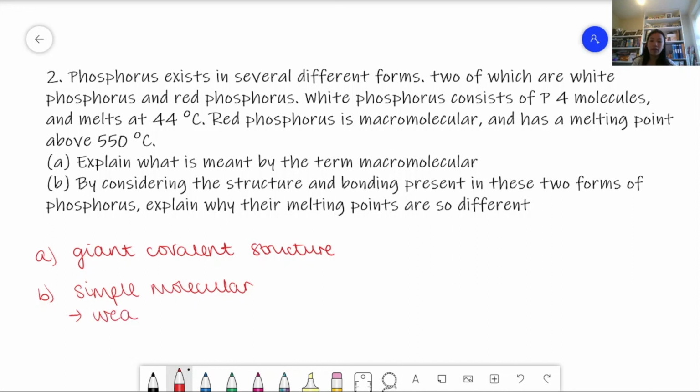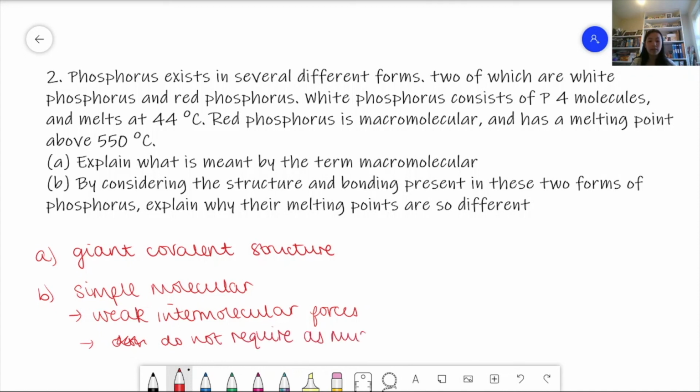So we have weak intermolecular forces, and they do not require as much energy to break, to overcome. And so that's why they have a really low melting point.